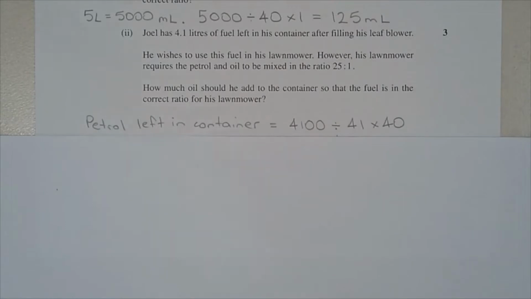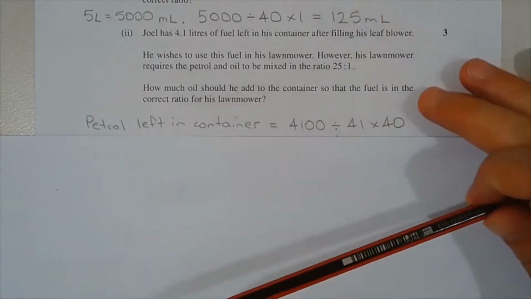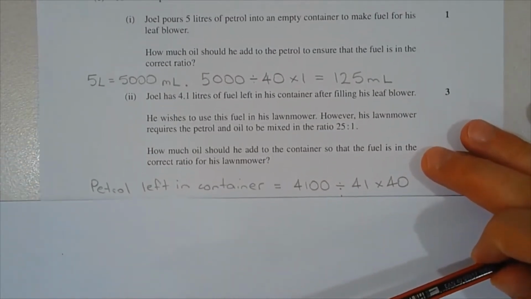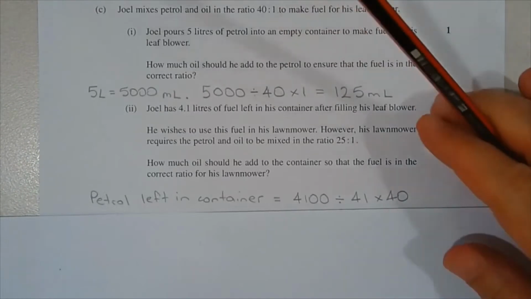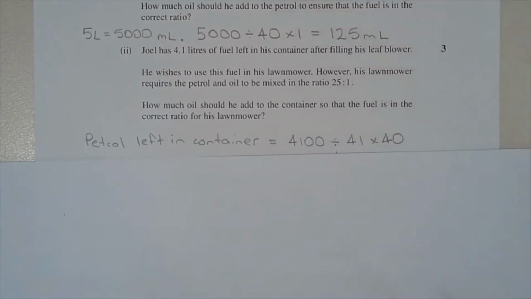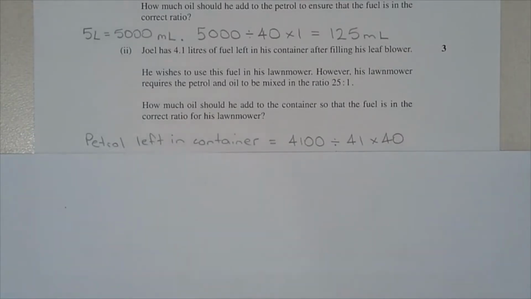There are 41 parts in total, and that comes from the original ratio, 40:1. And then we multiply that by 40, since there's 40 parts petrol and 1 part oil. And that gives us 4,000 millilitres of petrol left in the container.